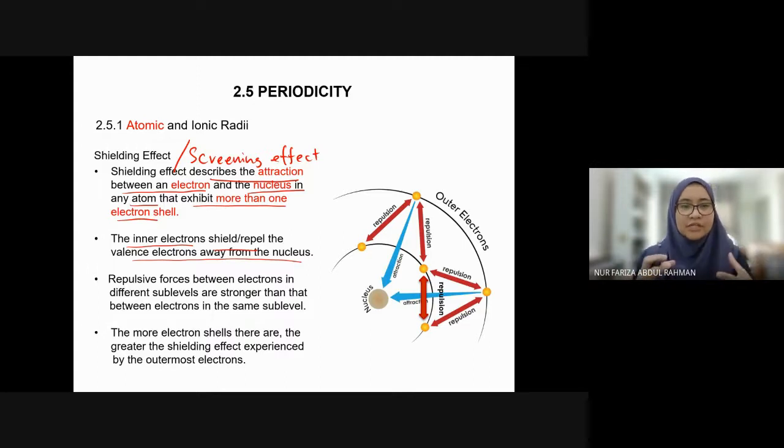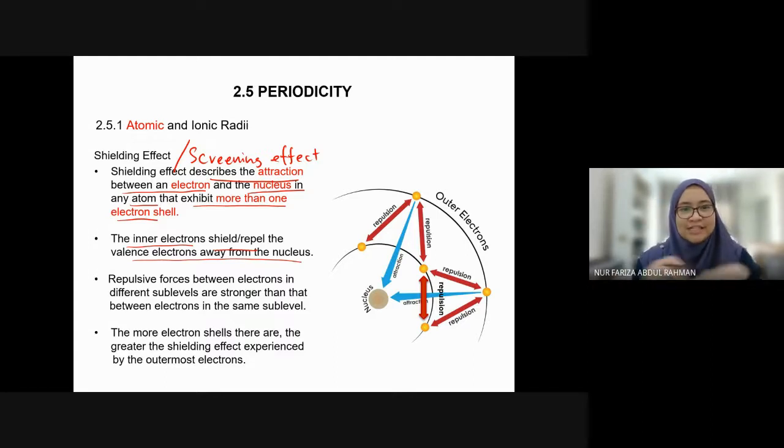So same or similar charge will repel each other. They cannot get closer to one another because they will repel. So that means the repulsion is higher there. So can you imagine, in an atom that has more than one electron in it, the higher the number of electrons, we could imagine that the screening effect or the shielding effect would be higher.